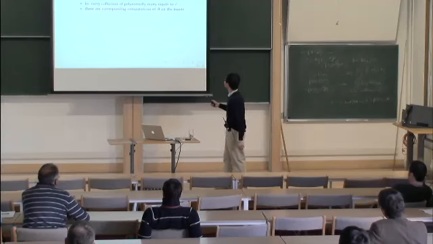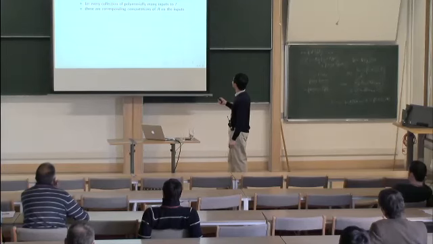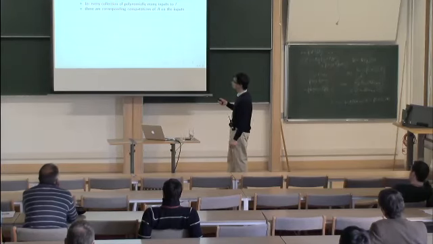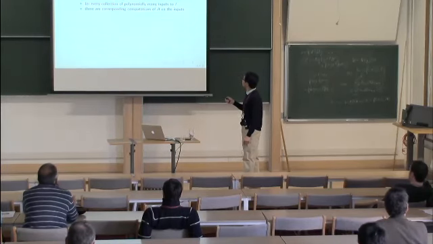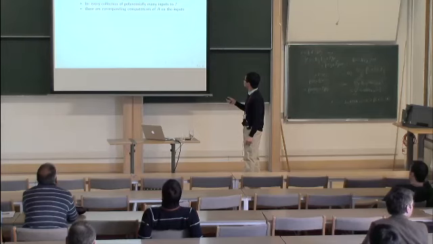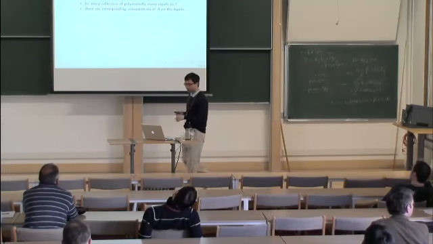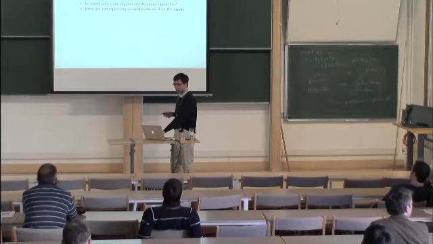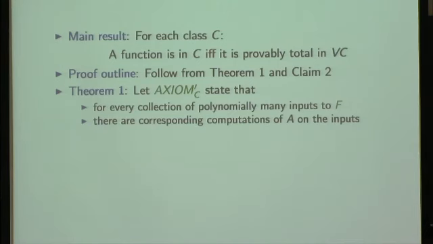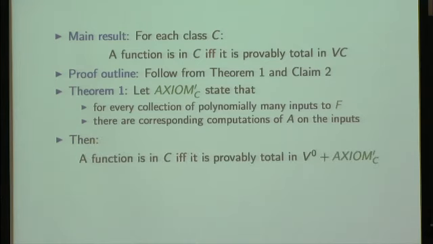Before, with axiom C, we said that for every single input there exists the computation. This one is stronger because it is for polynomially many inputs to the problem. The reason why we have to use this stronger axiom will be discussed later.